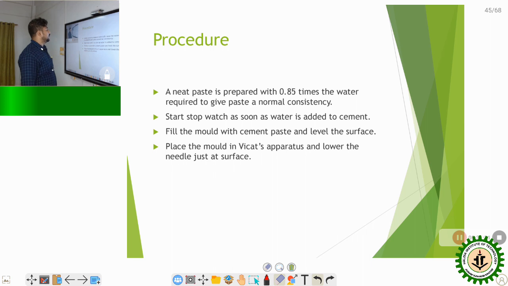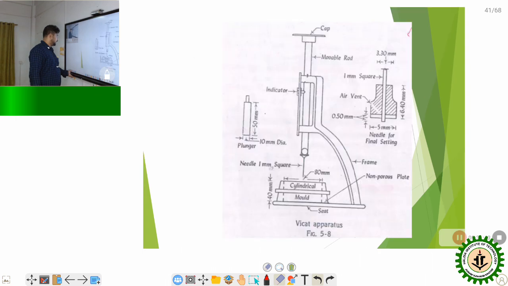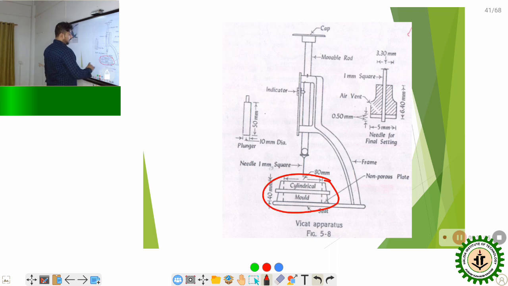And what is the procedure? A neat paste is prepared with 0.85 times the water required to give the paste a normal consistency. I need to define normal consistency first, because for normal consistency we make a paste and fill the cement paste in this cylindrical mold, and we pass the 1 mm square needle.